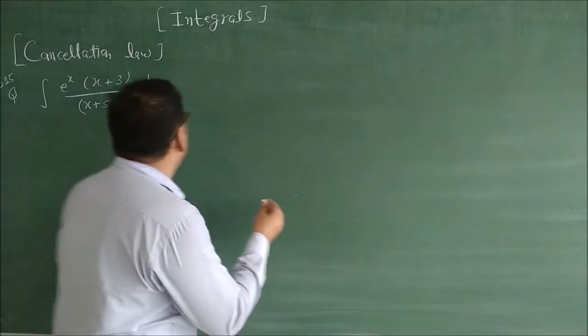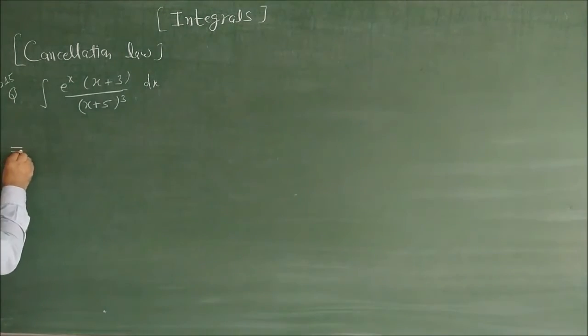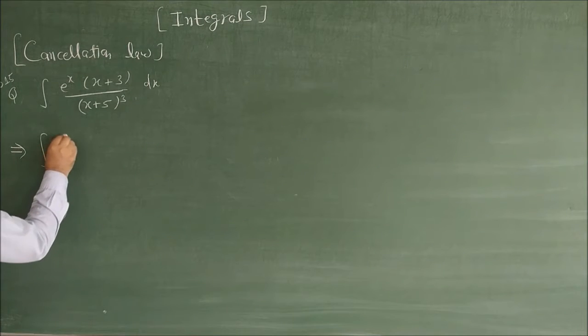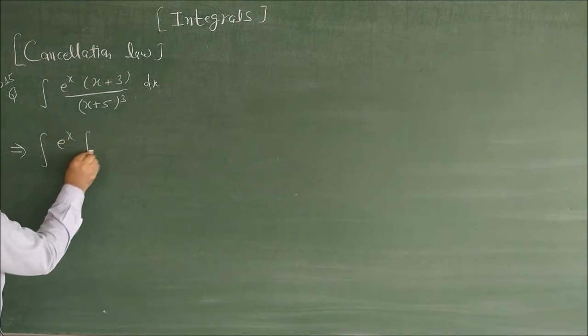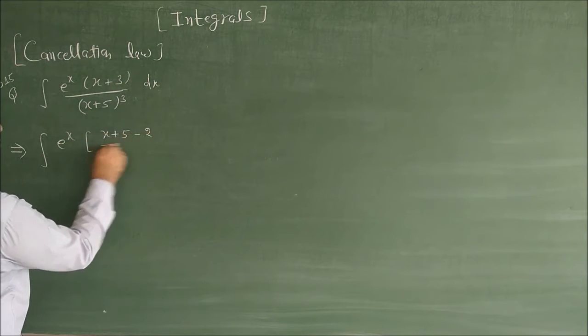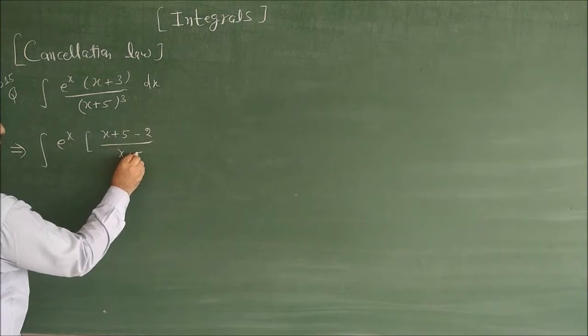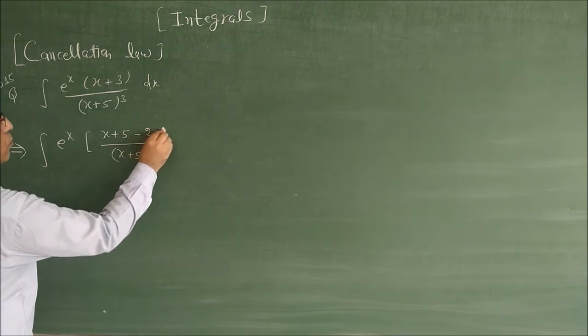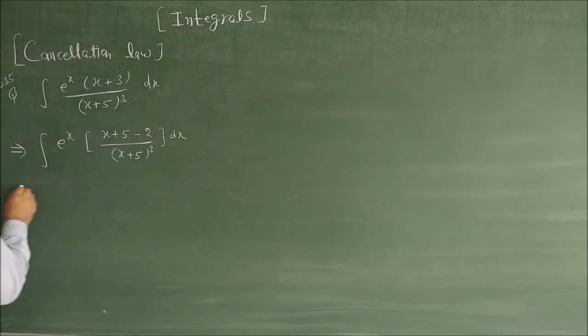So the integral of e to the power x, this can be written as (x plus 5 minus 2) upon (x plus 5) whole cube dx.